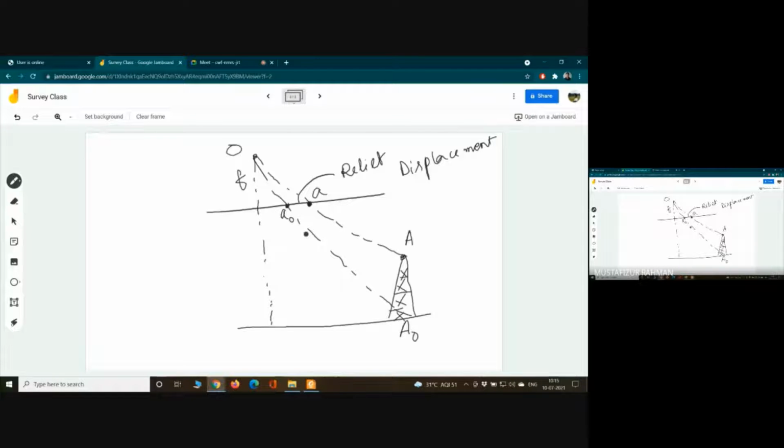Okay. Now we have to find out what is this value. What we can do, we can use again the similar concepts of similar triangle. So here we have one triangle here, and corresponding here we have another triangle, right? And we can use this triangle here.